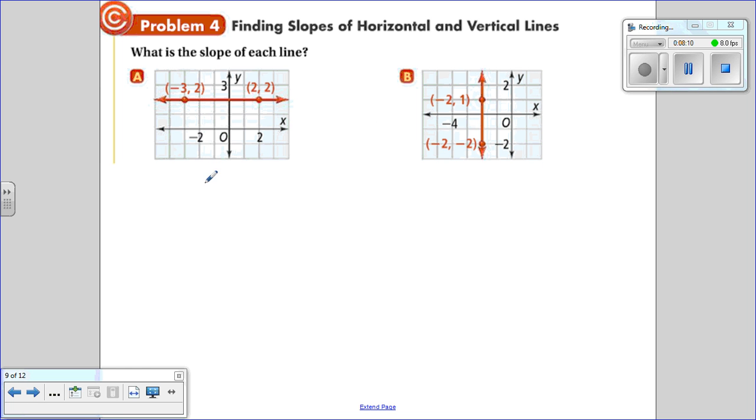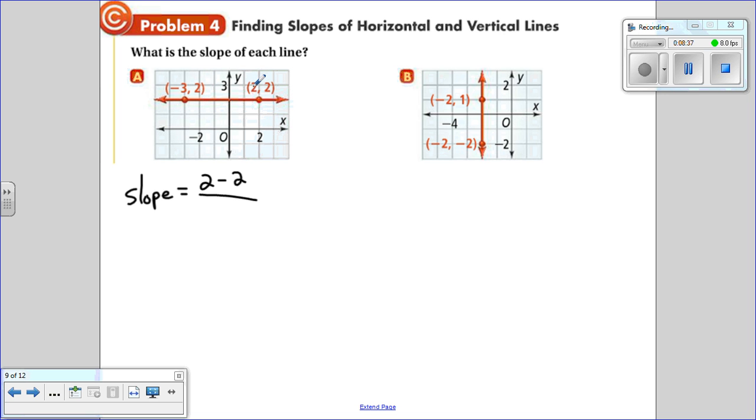So if you had to do this, again, pick one of the points as point 1 and point 2. So we're going to go a little bit quicker on this one. I'm going to call this point 1. So this is my x1, y1. This is my x2, y2. So my y2 is 2 minus 2 over here.